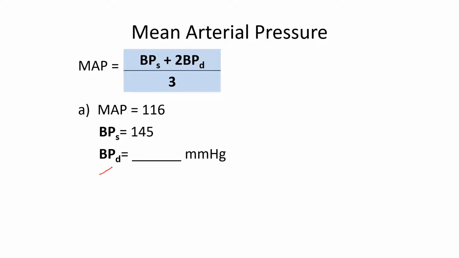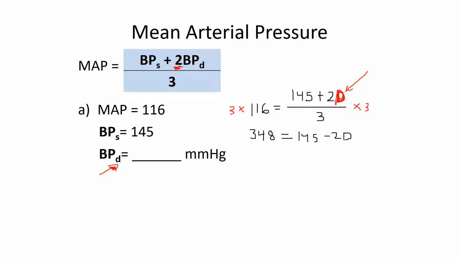Let's look for diastolic pressure. So we have to contend with this 2 value here. So again, plug and chug, find what is missing. So it's 2D. So that's a D, not a 0. Let's write it in red. So this funny looking 0 round thing is actually D for diastolic. So to get D by itself, multiply both sides by 3. And then we're going to subtract both sides.